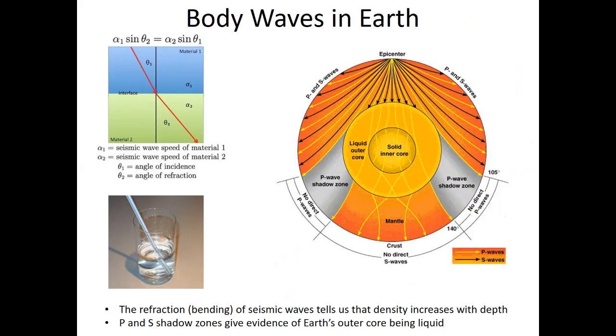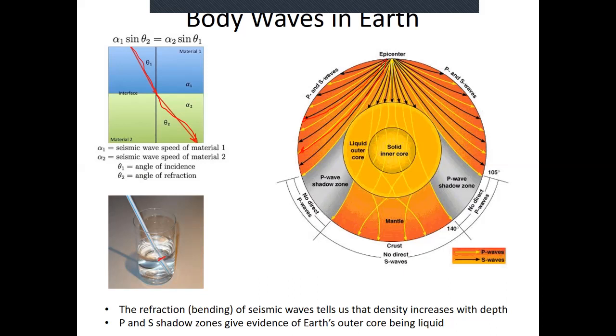So as a seismic wave travels through the Earth, it bends back up to the surface. That's called refraction. Why does it bend? Because whenever a wave goes from one material into another, if the speed at which the wave travels is different in those materials, the wave bends. Just like how this light wave bends as it goes from the water to the air.